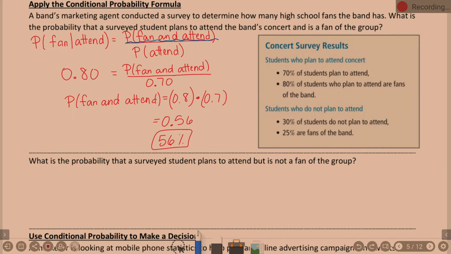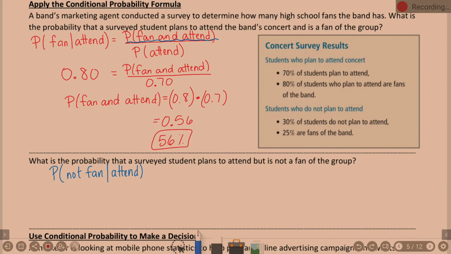So when I set this up, I'm going to say, what's the probability of not being a fan given they plan to attend? Okay, those are the two pieces we're looking at here. Probability that they are not a fan given that they plan to attend the concert.